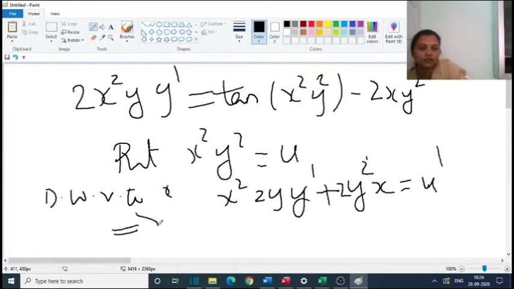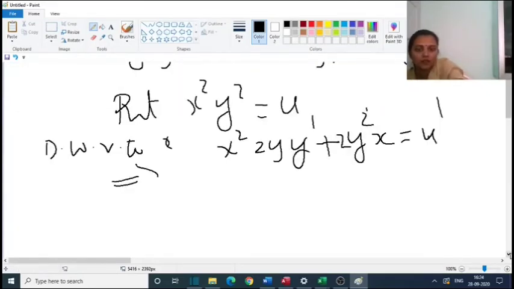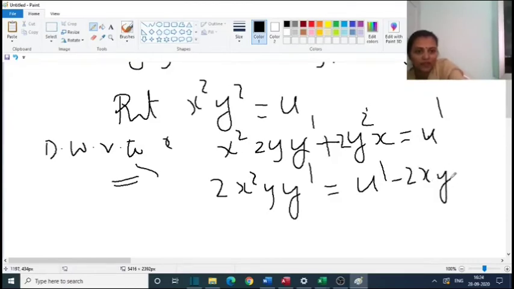Which implies 2x square y y dash is equal to u dash minus 2x y square.